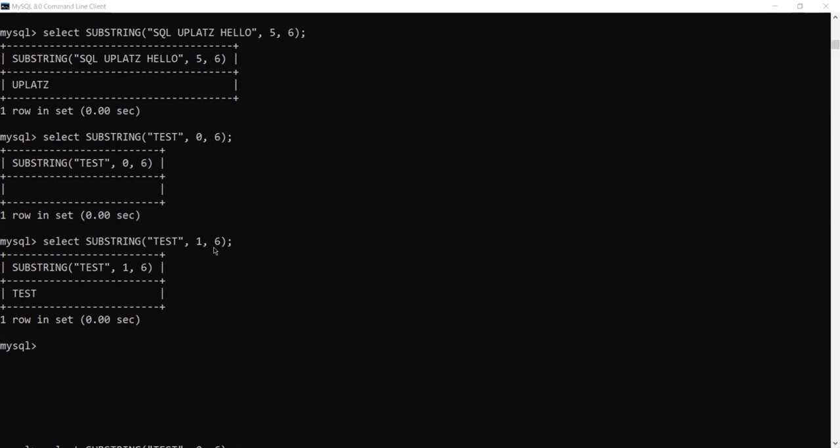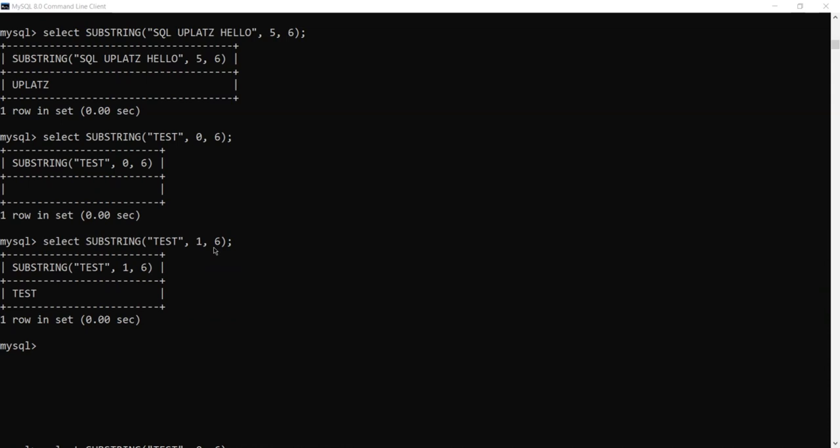Next, moving on. We have now seen three main functions for extracting a substring from a string starting at any position. That was mid, substr, and finally substring. We will move on to one more interesting function, that is substring_index.